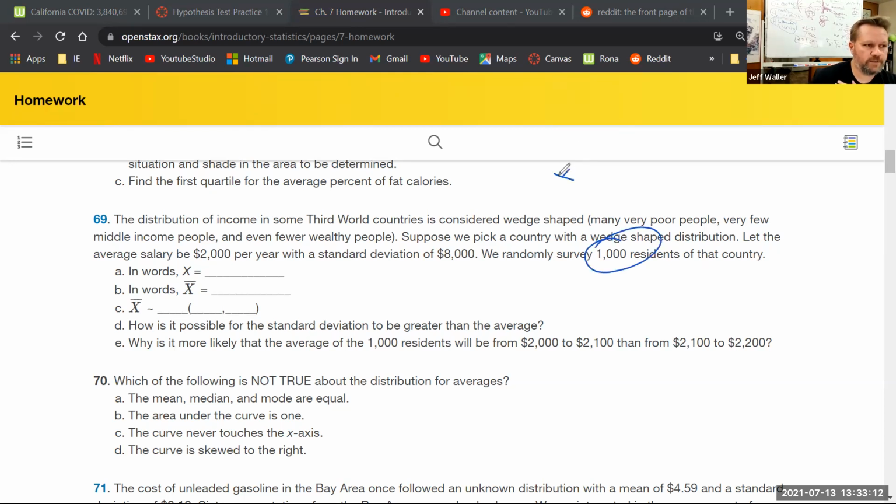All right. So the symbol X bar is always a sample mean. You must know this. You must commit that to memory. Now, did they take a sample? Yes, they did. Are they asking about the sample mean?